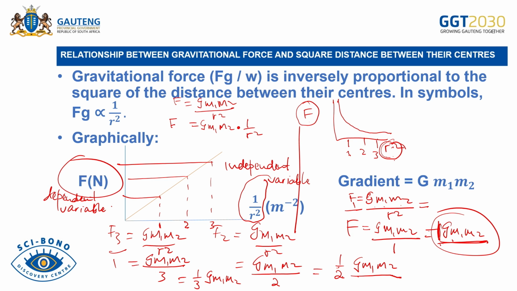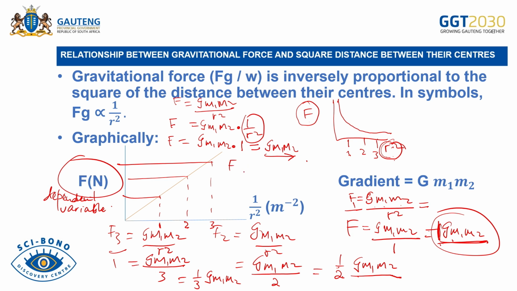It's the same thing, because I'm multiplying G m1 m2 by 1 over R squared. What is changing here? It's 1 over R squared. So F equals G m1 m2 times 1 over R squared, which is 1. So what I am having here is G m1 m2. Let's move to the second one.